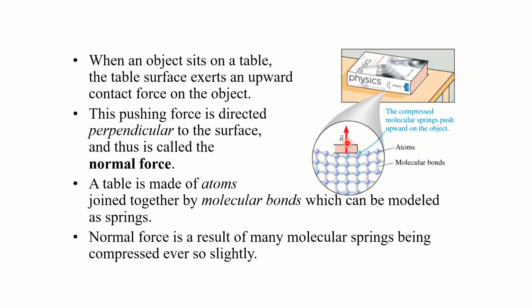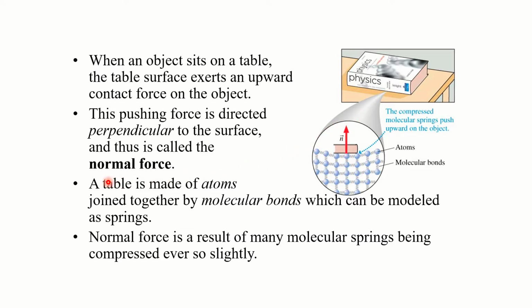If I put something on top of it, that object can't fall through it. So if gravity or some other force starts to push down, these objects will resist that force and push up with whatever magnitude force they have to, to prevent that object from penetrating and going into the desk or breaking the surface of whatever the object is.